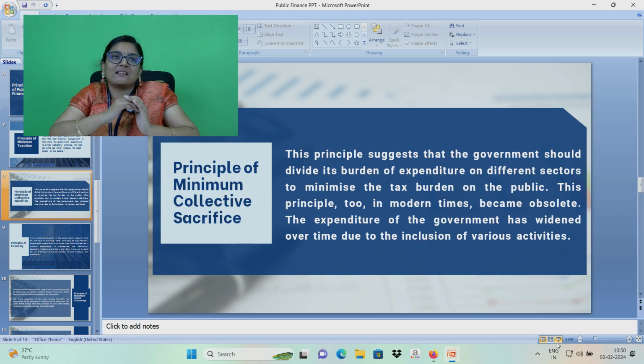This has become absolute in modern times, as the expenditure of the government has widened over time due to the inclusion of various activities. The principle too has widened. The government needs to divide its expenditures largely into different sectors to cover all the different expenditures involved in public funds.